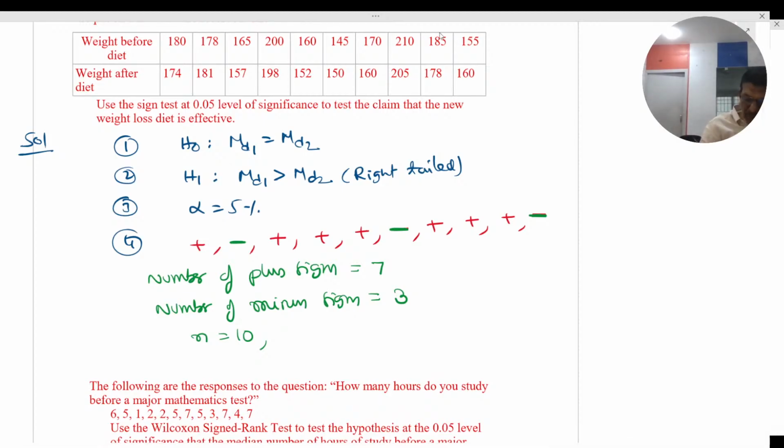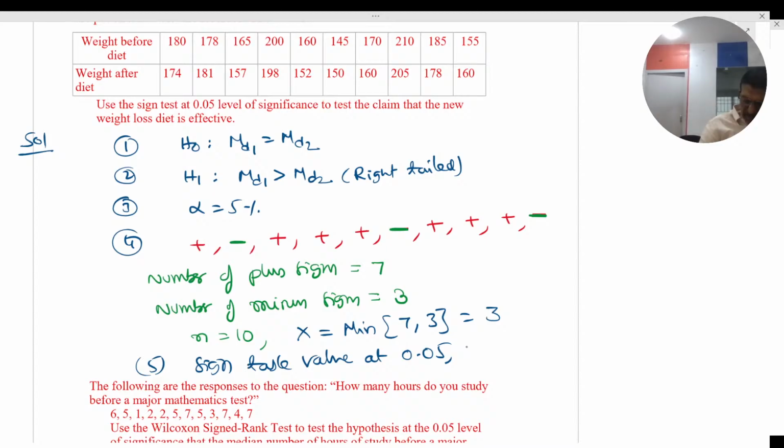Now here we have to calculate X, which is the minimum of positive signs and negative signs. That is 3. So the sign table value at 0.05, sample size 10, is 1. Sign table value is 1.